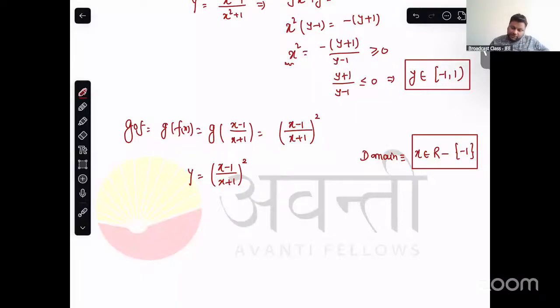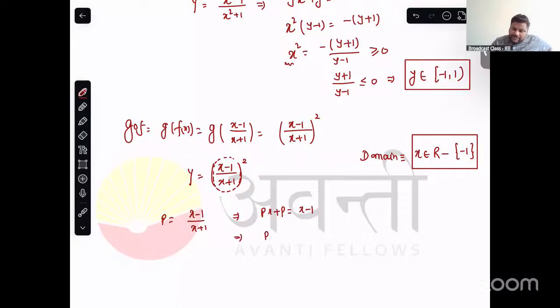Got it? So let us do one thing. First of all, I will find the range of this inside quantity. Then I will do the square of that. Let us assume P is x minus 1 upon x plus 1. So from this you can say Px plus P is x minus 1.